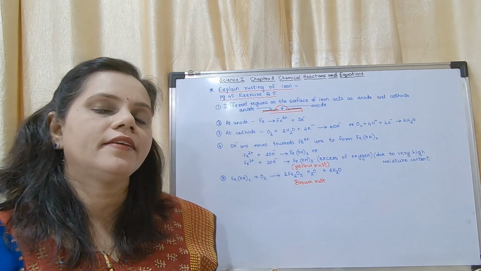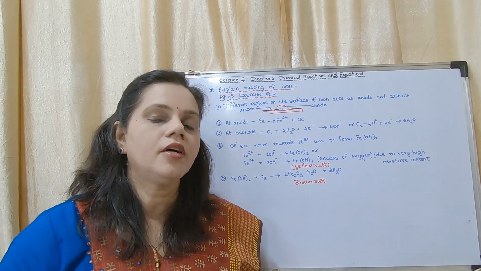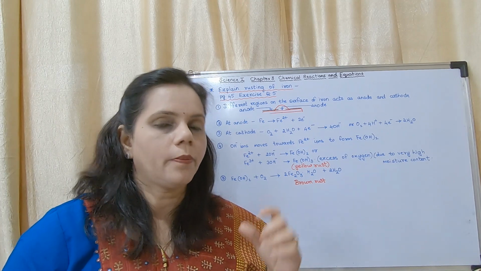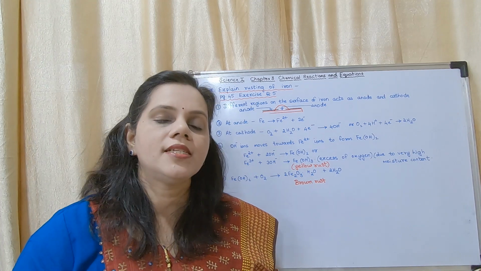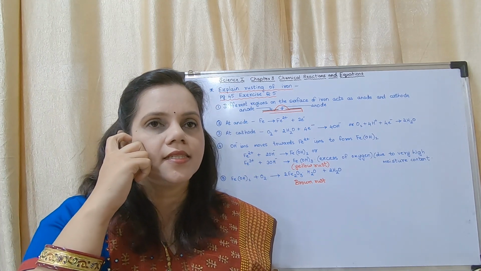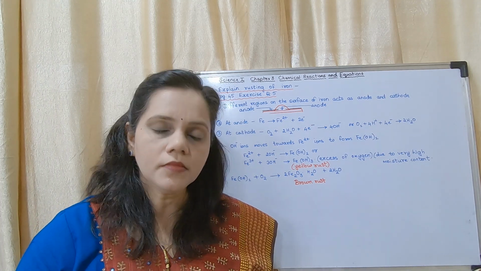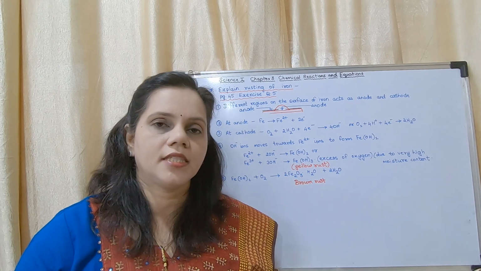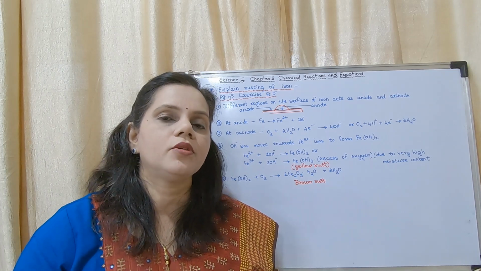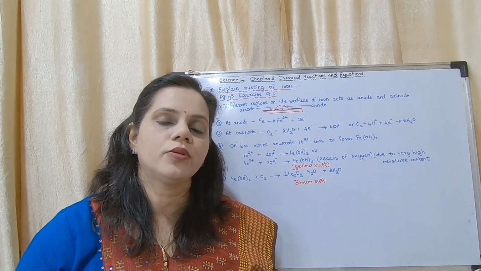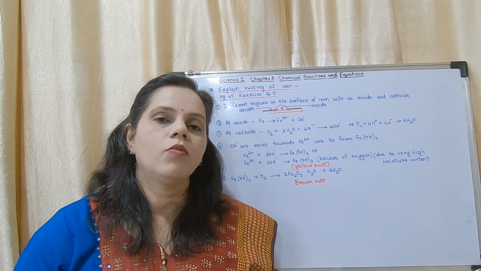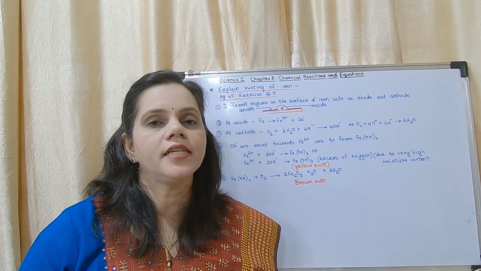So here we have finished with the chapter. One more topic is left. That topic is called rancidity. What is rancidity? Rancidity is a process. It is an oxidation reaction itself. It is a process during which the oil, if it is exposed to air for a longer time, will get oxidized.